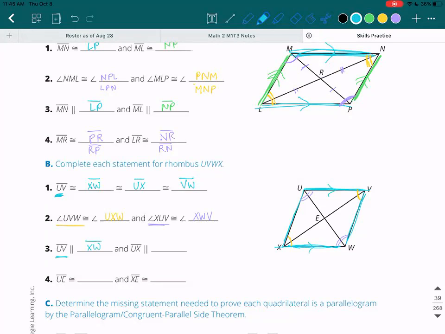And UX is parallel to? VW, good. So those are our sets of parallel lines. Opposite sides are parallel.